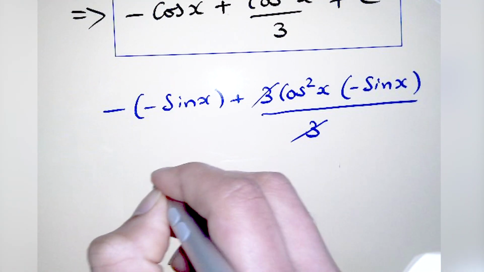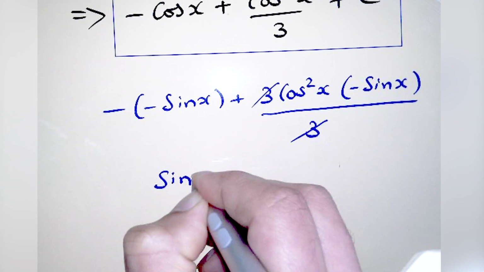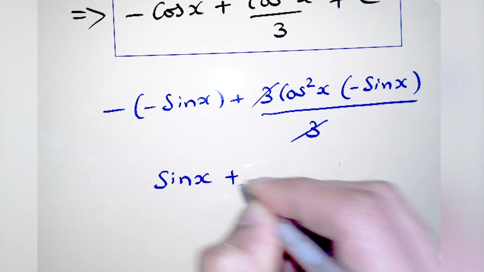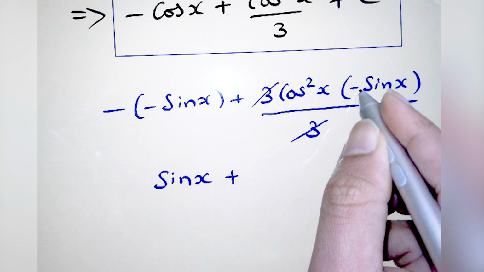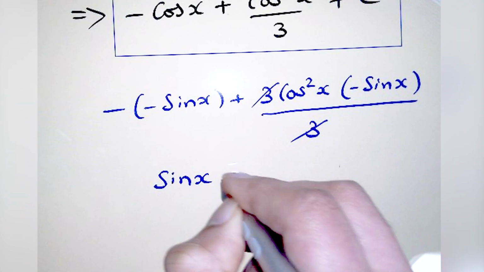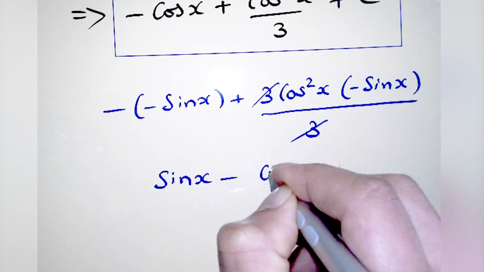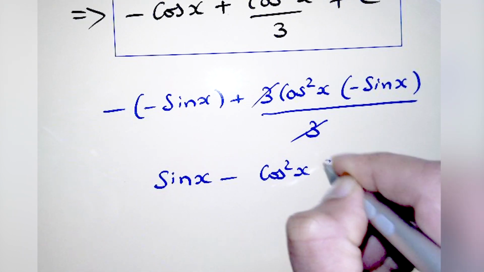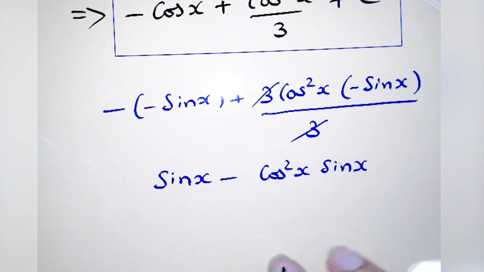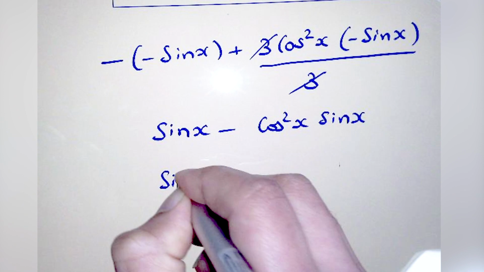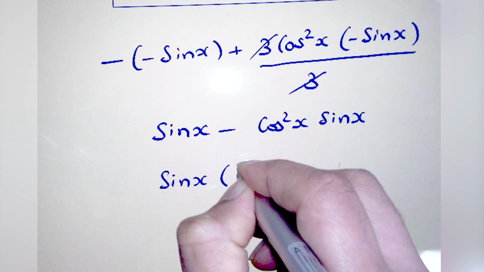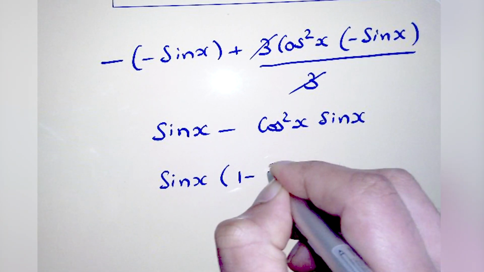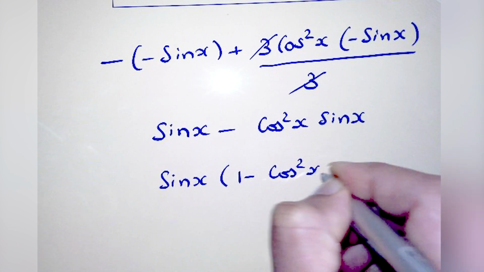Negative times negative is sin x plus, and the sign in between is minus, so minus cos square x into sin x. I can take sin x common: sin x into 1 minus cos square x.